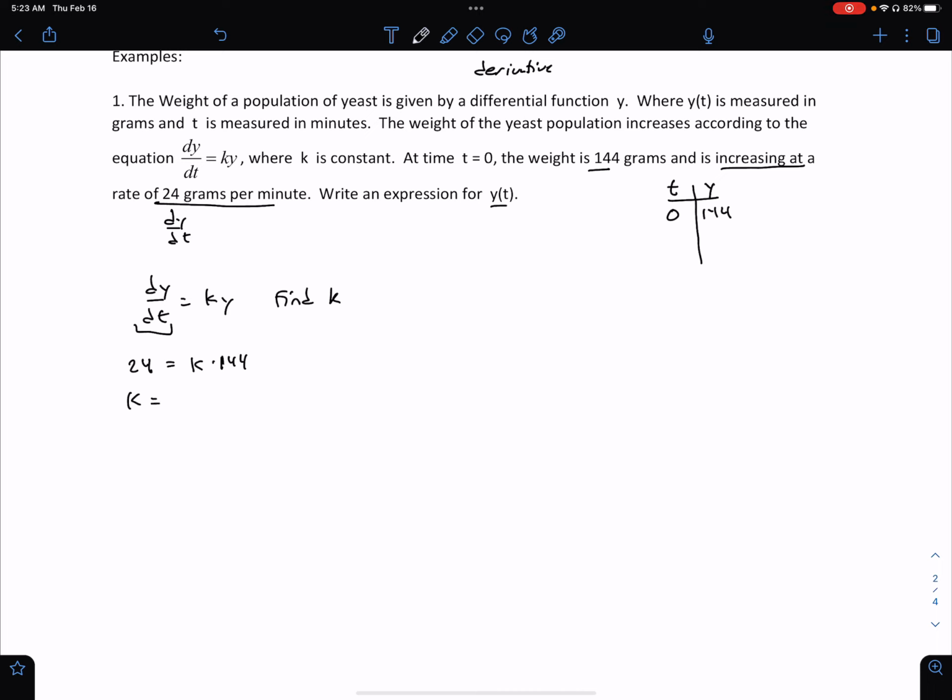Solving for k, now I'm going to cheat. I'm going to use a calculator here. So I'm going to take 24 divided by 144, and I get k equals 1/6. So I can say that dy/dt is equal to k, which we said is 1/6 times y.